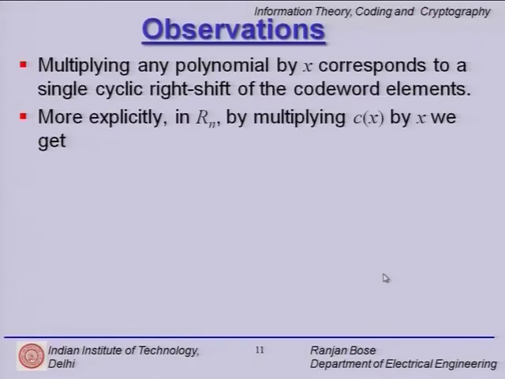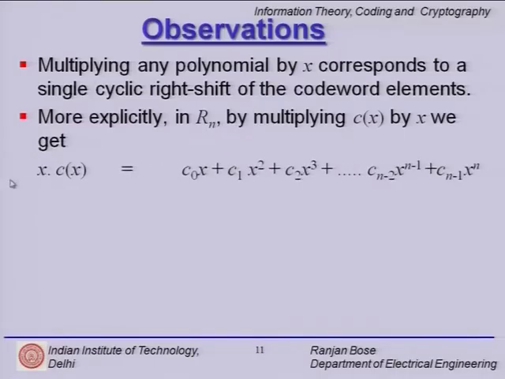So, why are we looking at polynomials in the context of cyclic codes? First observation is, if you multiply any polynomial by x, it tantamounts to the cyclic right shift of the code word elements, because you simply raise the power of x by 1 for each one of the x's.